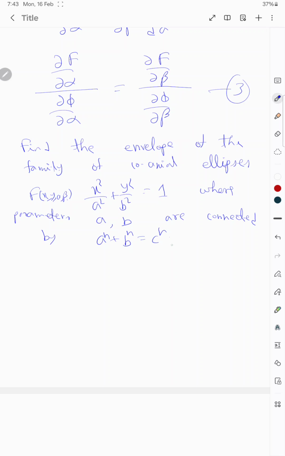Okay, so basically what you have to do is take the derivative with respect to either a or b. Suppose we are doing it with respect to a.